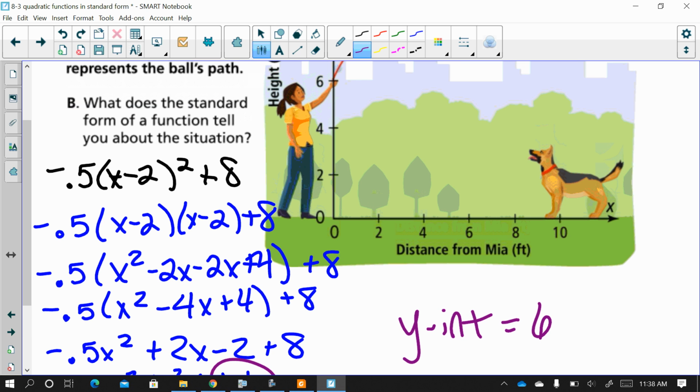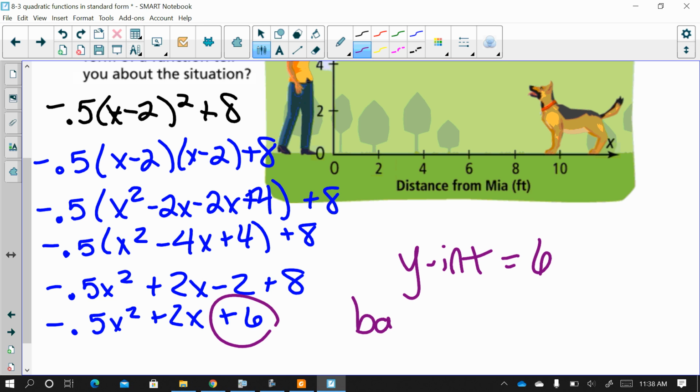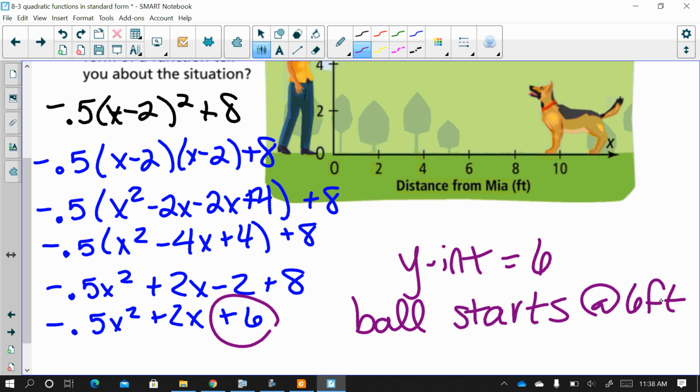So that tells us the ball starts at a height of 6 feet. So vertex form tells us how high it gets. Standard form tells us where it starts.